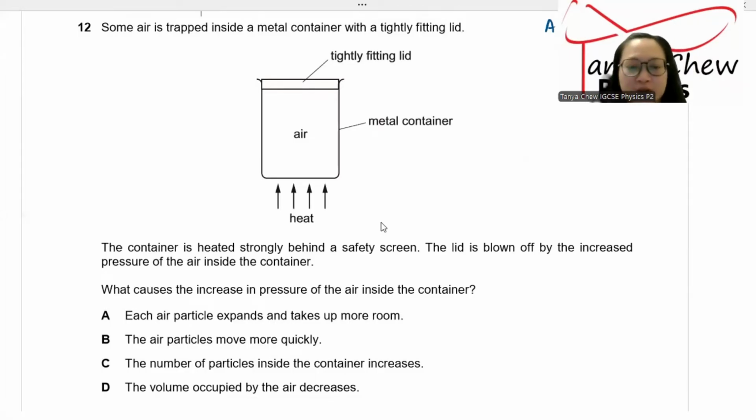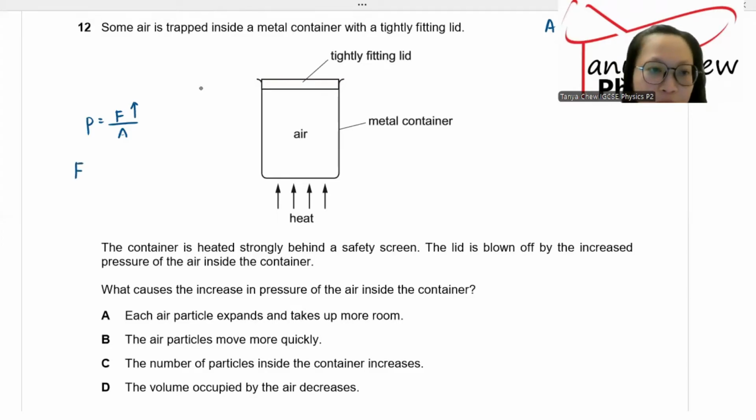So what causes the increase in pressure of the air inside the container? Of course, pressure will increase because pressure depends on force. Pressure is defined as force over area. The area of the metal container is the same, but the force is increasing. The force is by the air particles inside the metal container, and that force is defined as the rate of change of momentum.